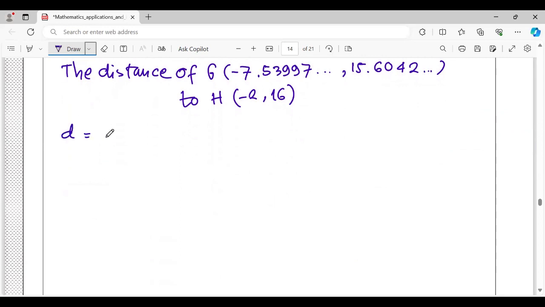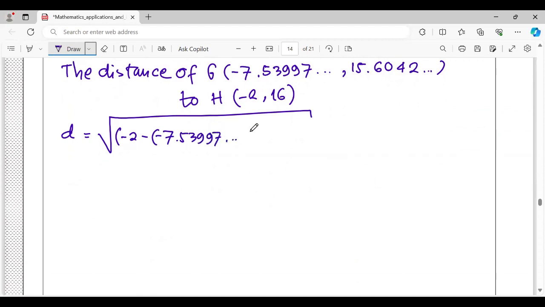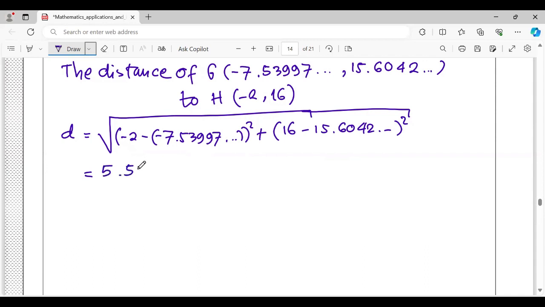So the distance or length is the square root of minus 2 minus minus 7.53997 squared, plus 16 minus 15.6042 squared, and you will find the number 5.5409, and so on, which is approximately 5.55 kilometers.